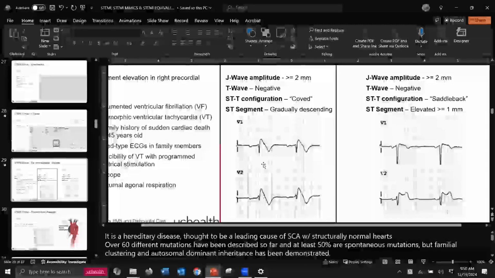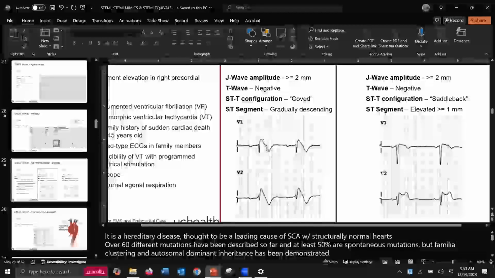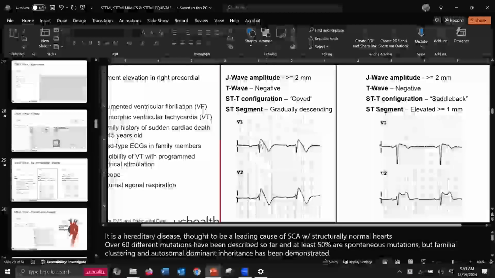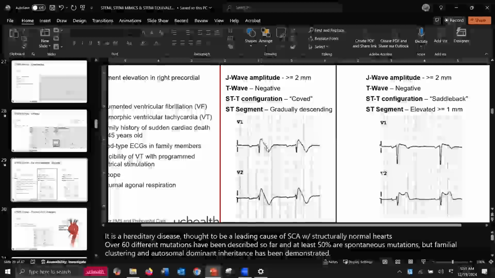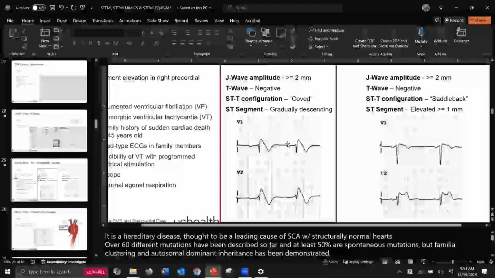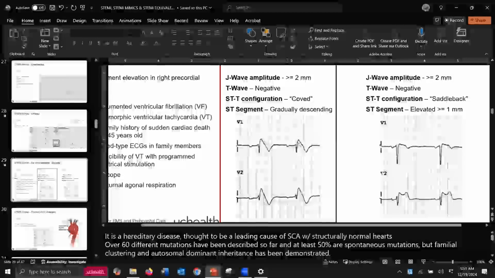We have a negative T wave, and there's coving in the ST-T wave configuration. Typically this looks like a fairly straight line, but there should be some coving or slurring in that, and your ST segment is gradually descending.